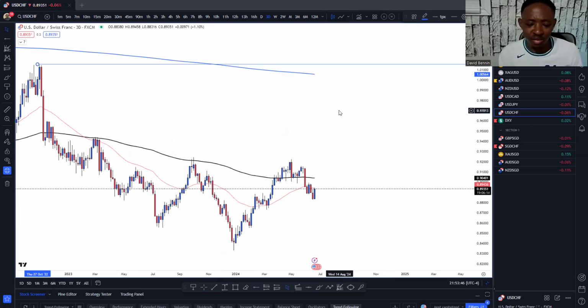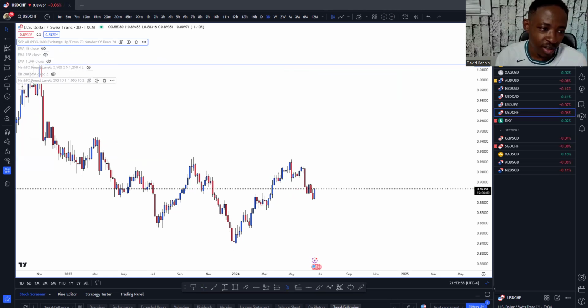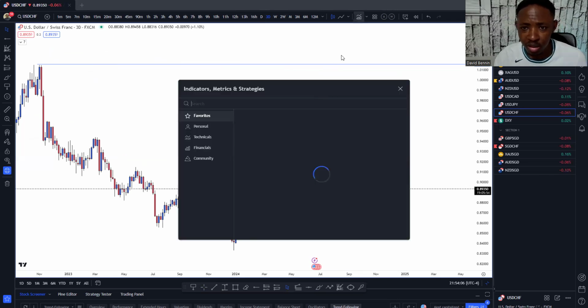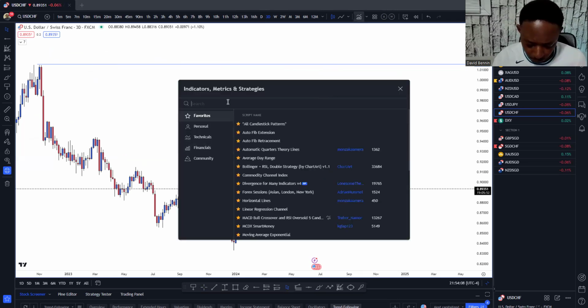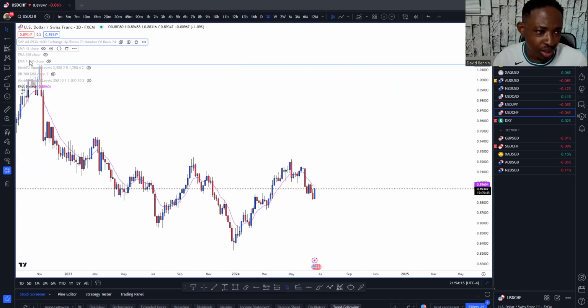So this is simply how I use the EMA. You don't necessarily have to use the ones I showed. Let's choose a random EMA. I just put an EMA here.